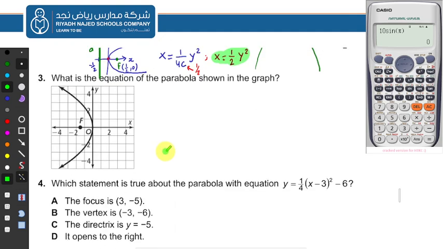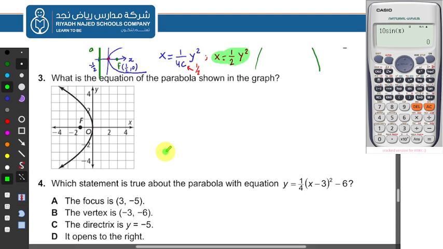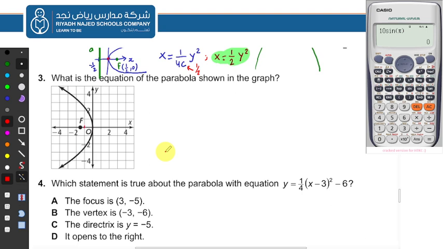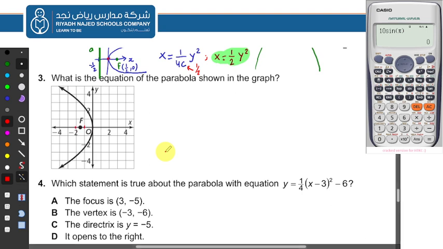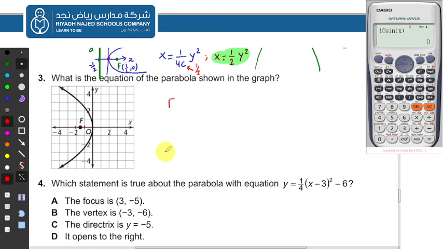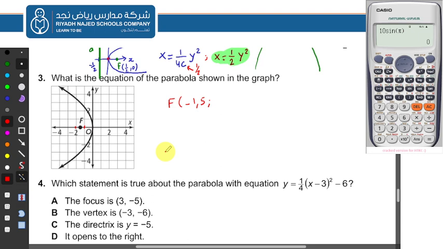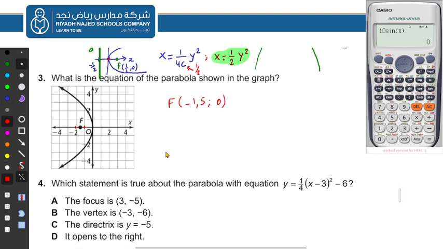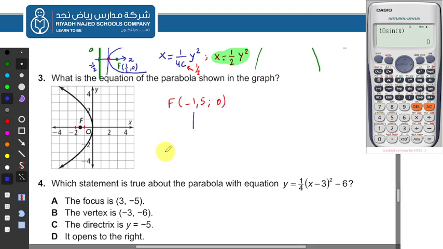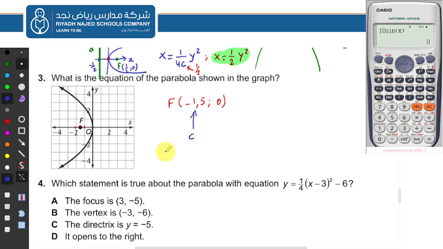Question 3, what is the equation of the parabola shown in the graph? Here you already have F, and the coordinates of F is between -1 and -2, so it is -1.5. The y coordinate of F is 0, so you already know that c is equal to -1.5.